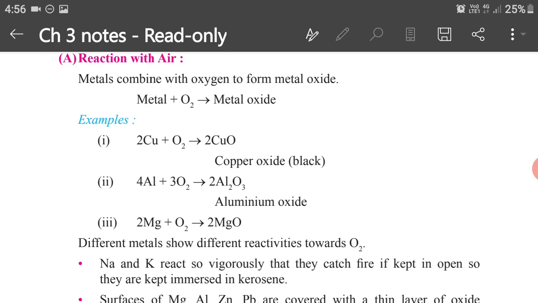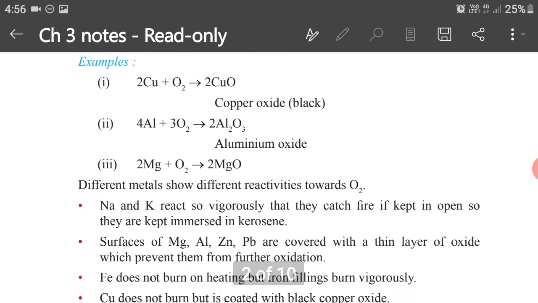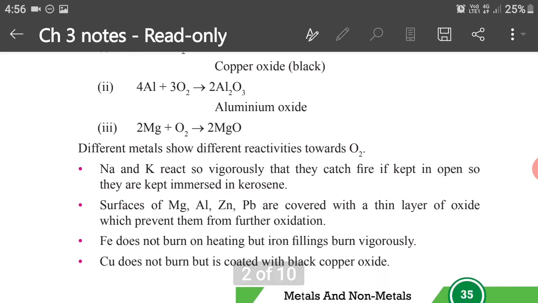For example, when copper reacts with oxygen, it forms copper oxide, which is black in color. Aluminium, when it reacts with oxygen, forms aluminium oxide. Magnesium burns vigorously with oxygen and forms magnesium oxide, that we have done in chapter 1 also.